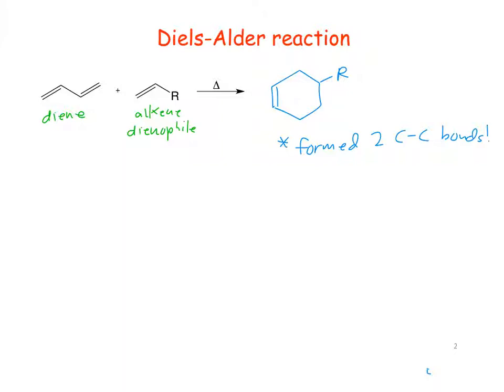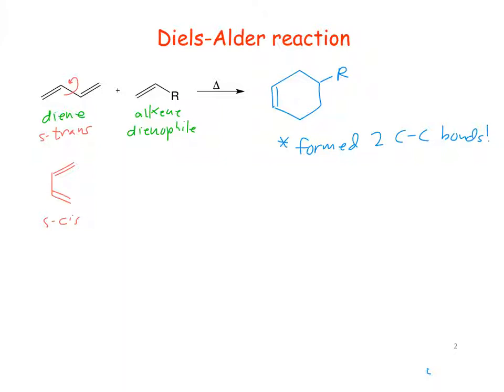Remember, there's two different conformations of a diene like this. This is called the S-trans. But if we rotate around here, it's kind of a hindered rotation, but we can get another conformation that looks like this. This is the S-cis.